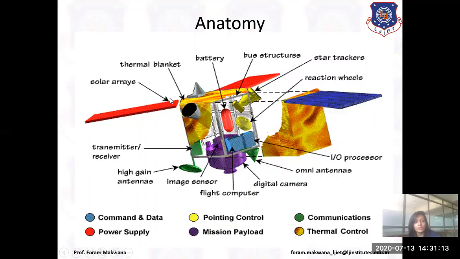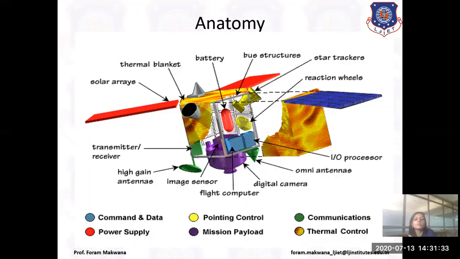Now the red one is the solar array, which consists of solar panels, right? This is the transmitter, or you can say receiver. This is the high gain antenna. Why?